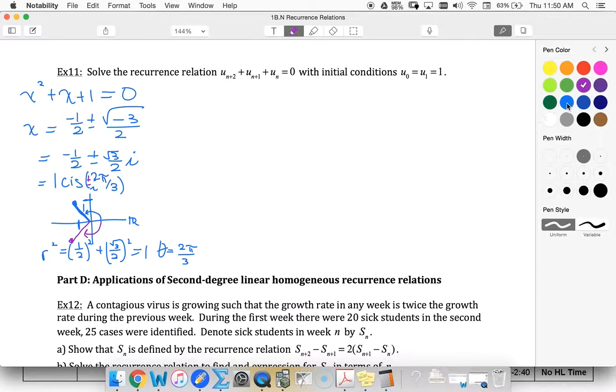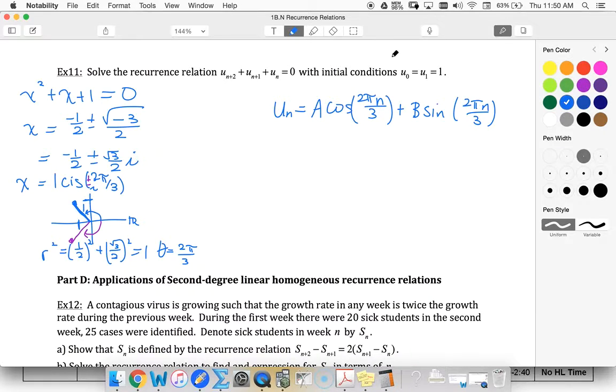All right, since we have our values of x written in our cis notation, we can come back to this idea that u sub n is equal to a cos 2πn/3 plus b sine 2πn/3.